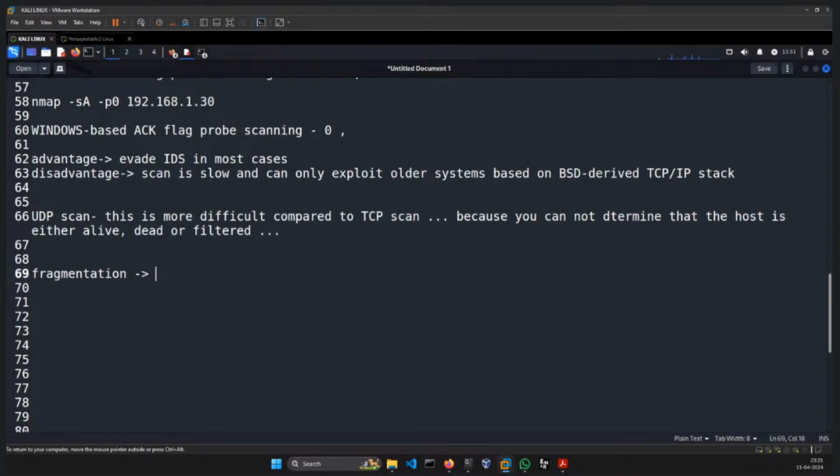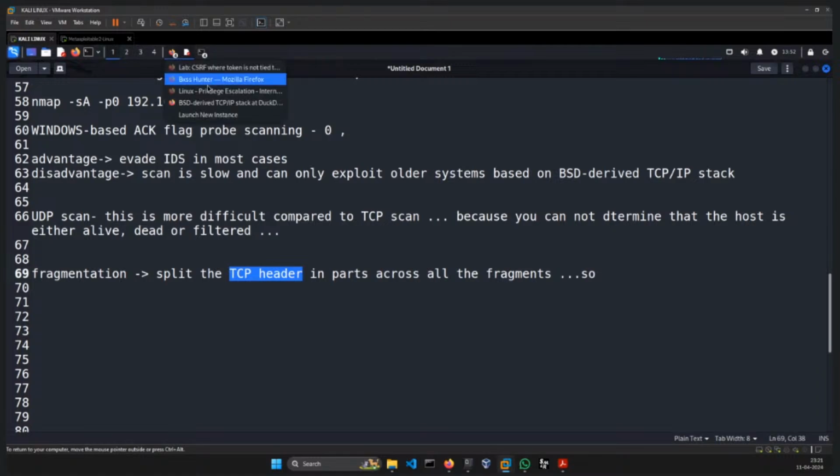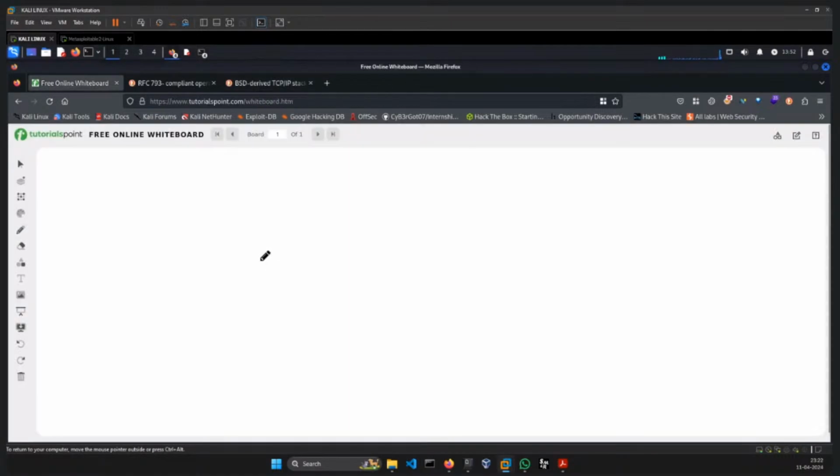This means splitting the TCP header into parts across all the fragments. So the TCP header is not completely present in one fragment. There are multiple fragments, and they collectively go towards the target, right?